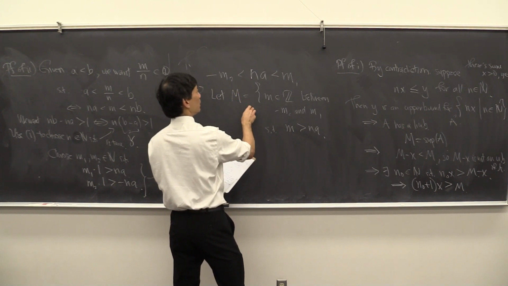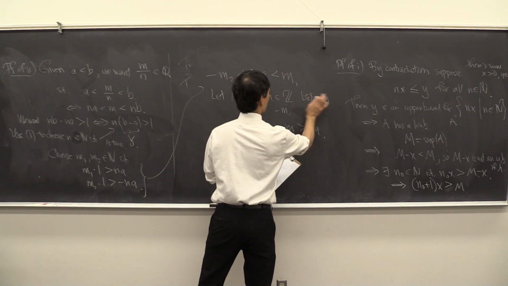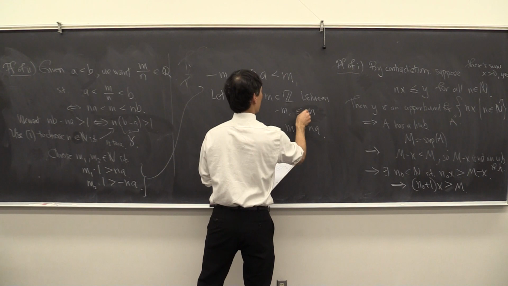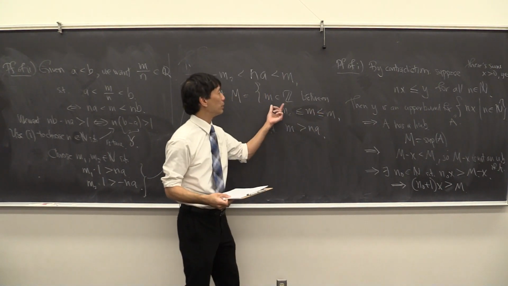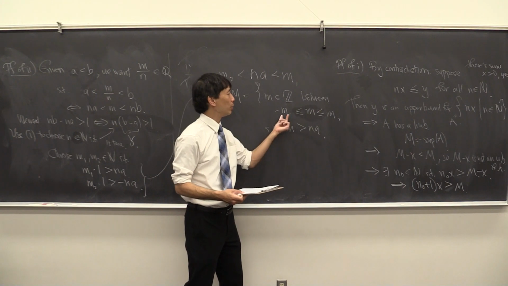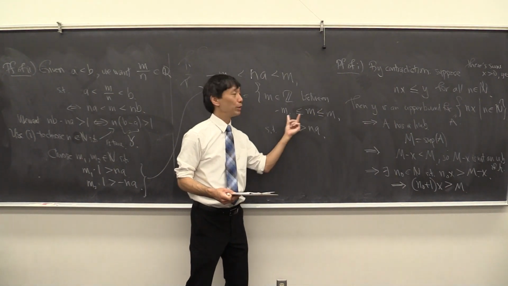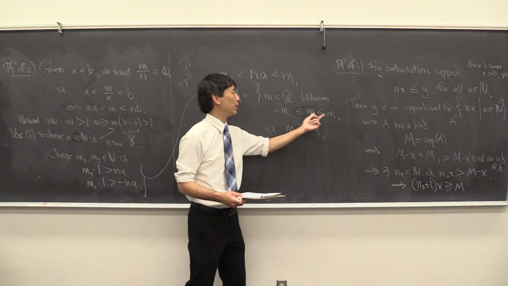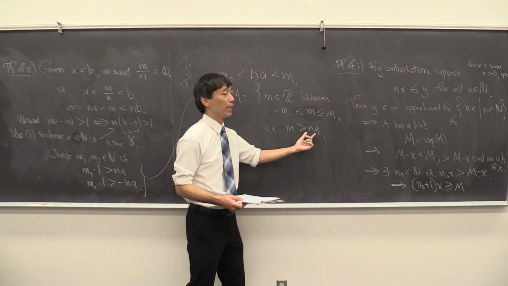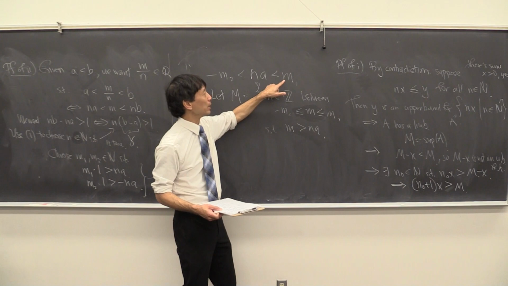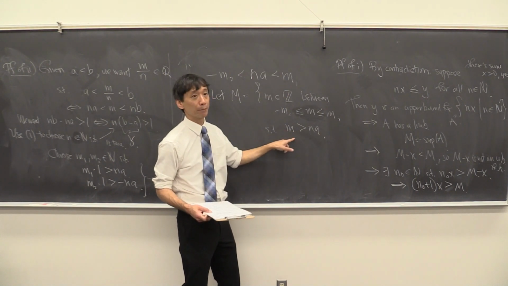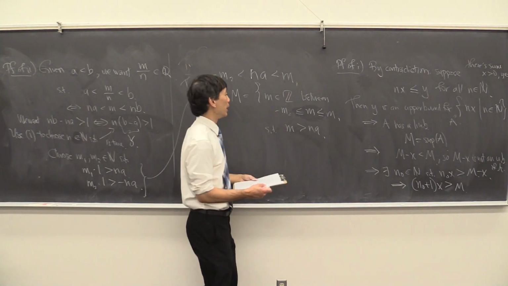You choose all the integers between these two numbers, negative m2 and m1, such that m is bigger than na. And you know that this is non-empty, because m1 is bigger than na.